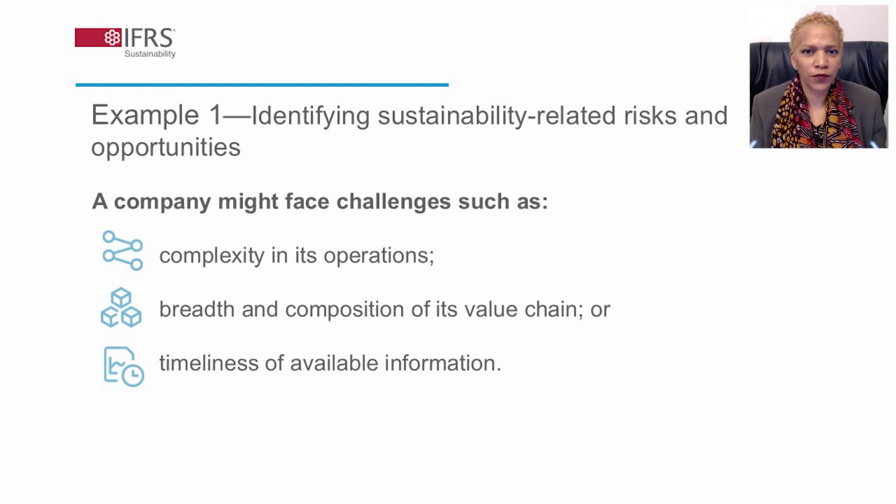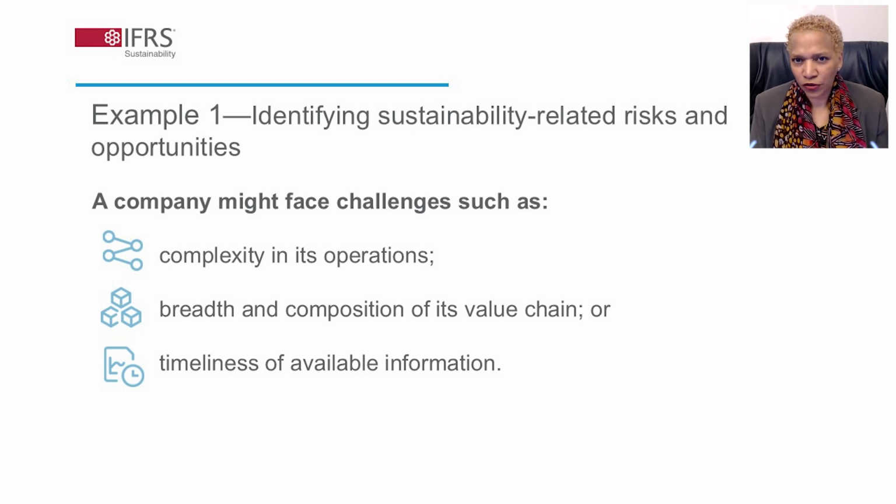So to meet the objective of IFRS S1, a company is required to disclose material information about all sustainability-related risks and opportunities that could reasonably be expected to affect its prospects. When doing so, the company is required to determine the scope of its value chain, including the breadth and the scope.